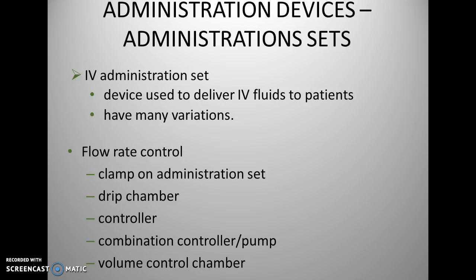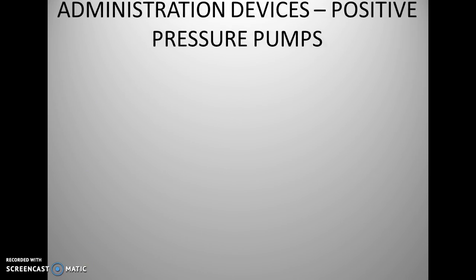You have a clamp on the administrative set, a drip chamber, a controller, a combination of both a controller and a volume control chamber. Okay. You have different types of pumps that are associated with the administrative sets.